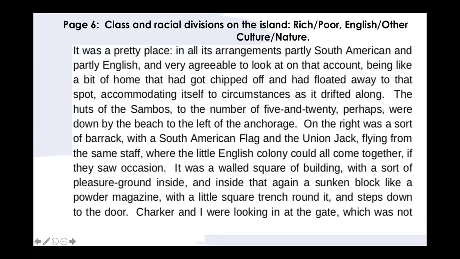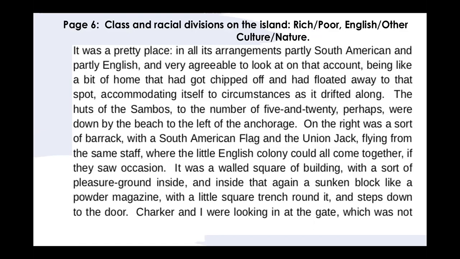The first one has to do with class and racial divisions on the island. And here I'm talking again about the time before the change happened. Now, racial divisions on the island: rich, poor, English, and other, meaning the non-English.